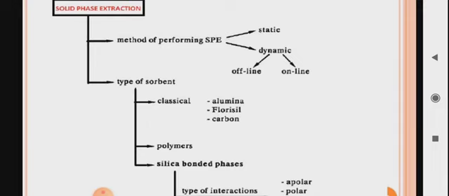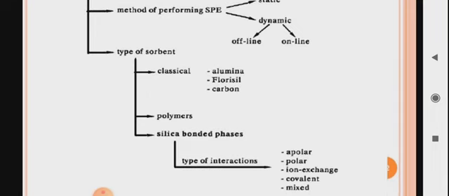Then polymers we can use as a sorbent. Then silica bonded phases, and type of interaction. There are different types of interactions involved, and these interactions are considered at the time of selection of the sorbent for the isolation of analytes from a mixture or sample.